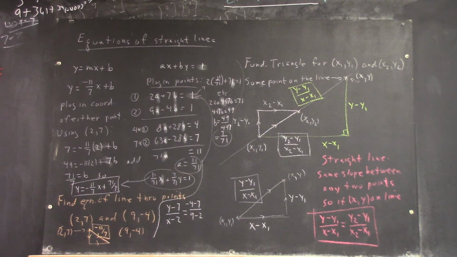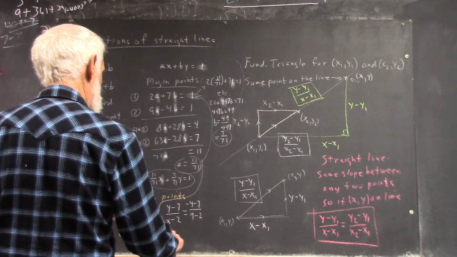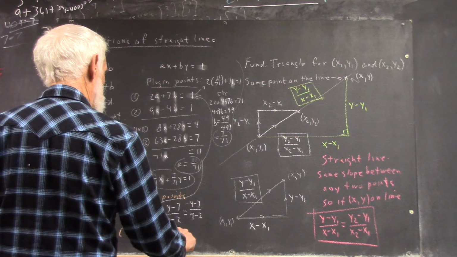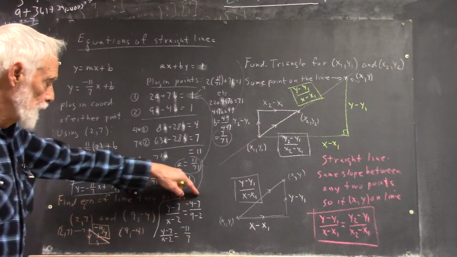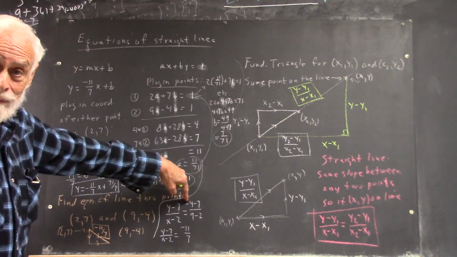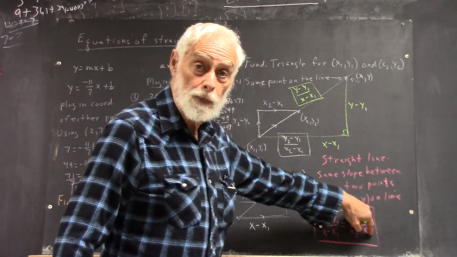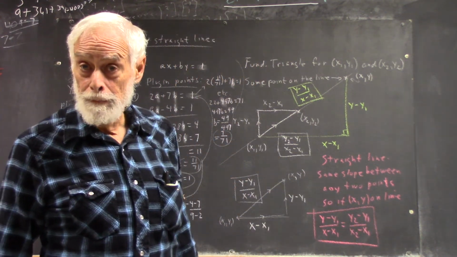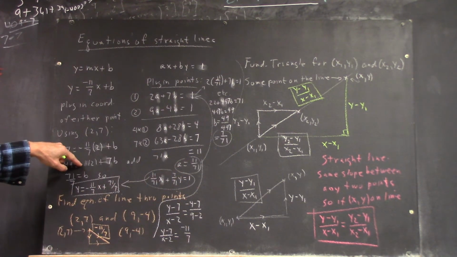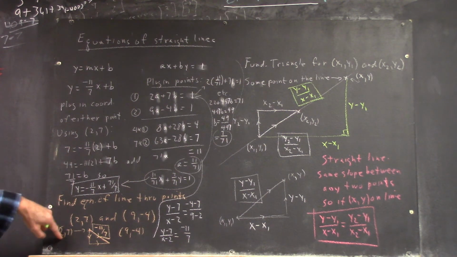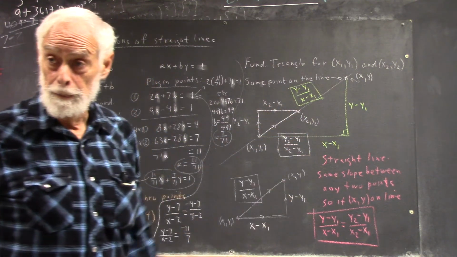Okay? So you get right there your negative 11 over 7. Now why should that be? Well, because y2 minus y1 over x2 minus x1 is the slope, right? And that agrees with the slope that we found up here, the negative 11 over 7, right? From this triangle. This triangle is actually the same as this triangle would be for this problem.